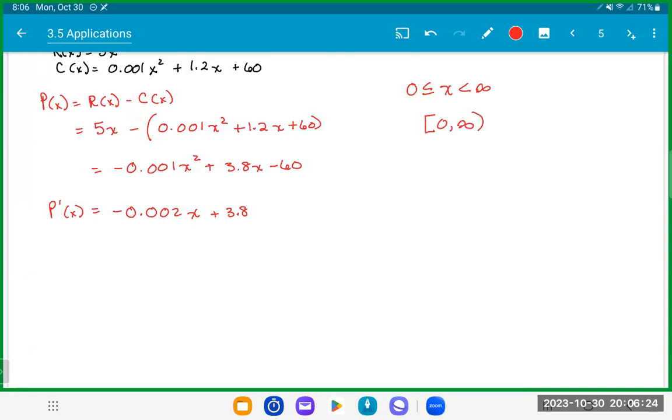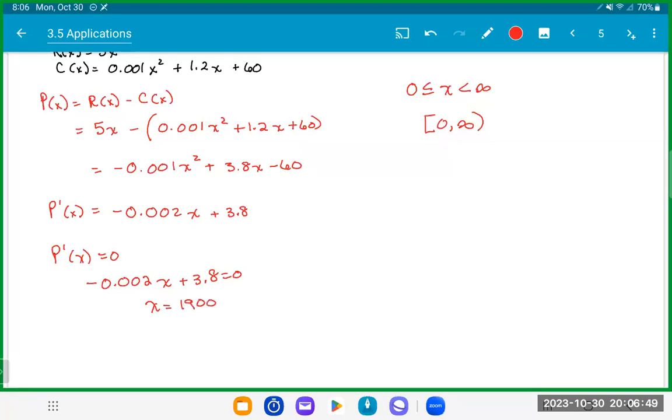Our profit function derivative is good for all of that. So we can set our derivative equal to 0 and solve. That gives me negative 0.002x plus 3.8 equal to 0. Therefore, x is equal to 1900.